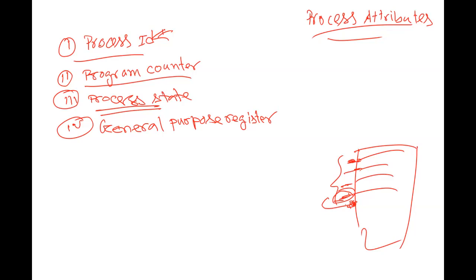This register value should be stored or saved when a process is forcefully preempted by the CPU. What does it mean? The general purpose register is one of the process attributes.